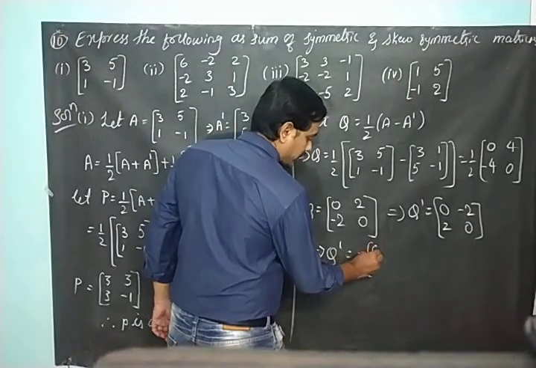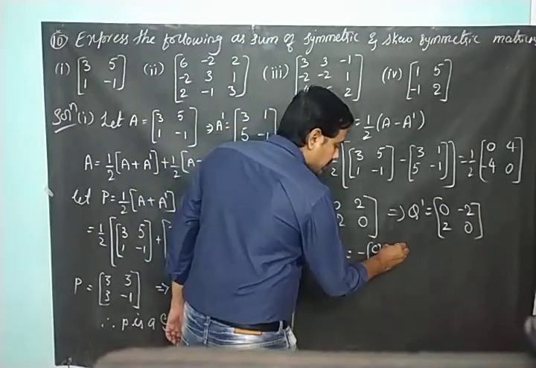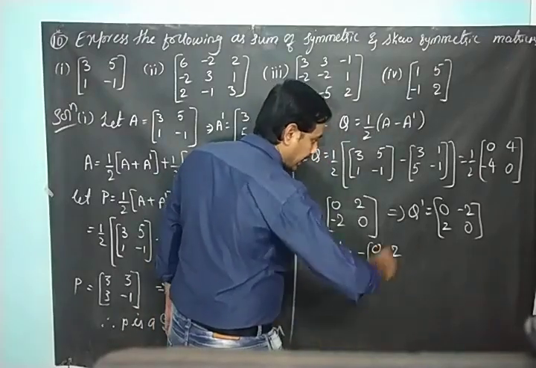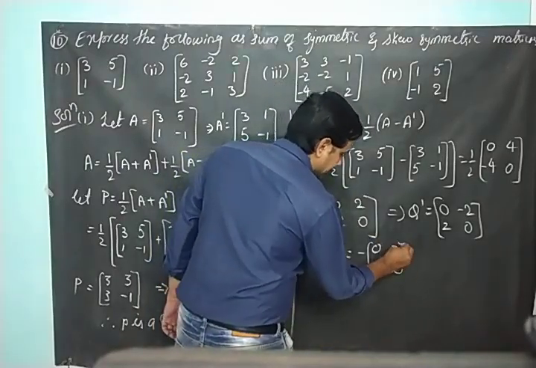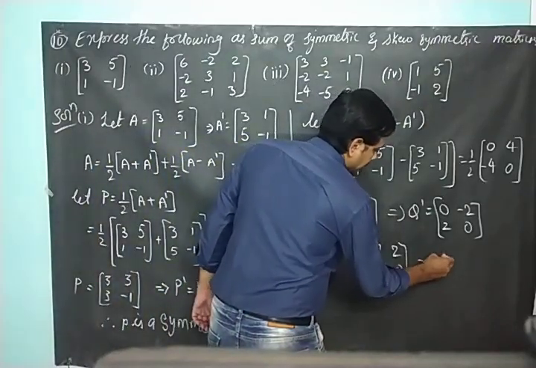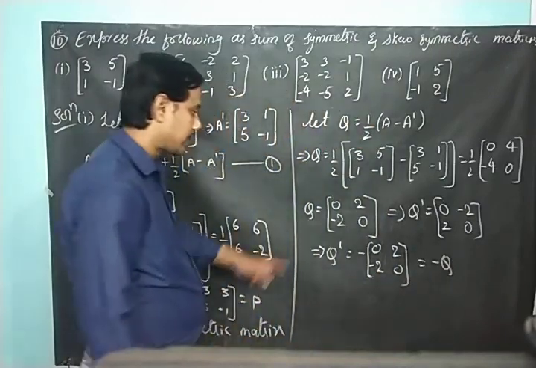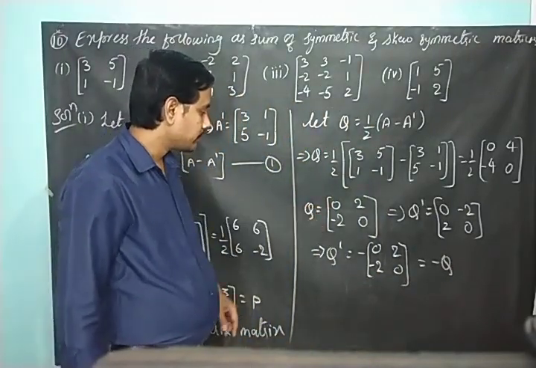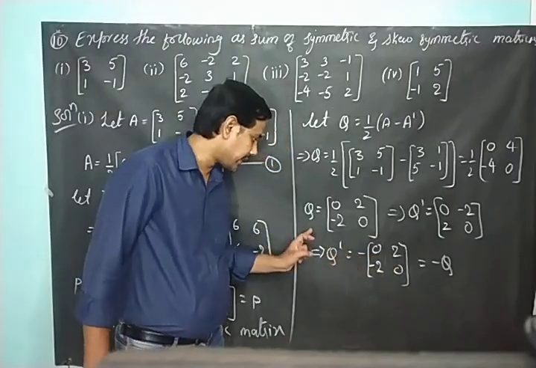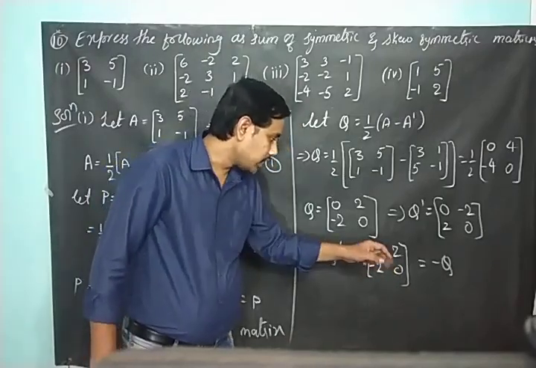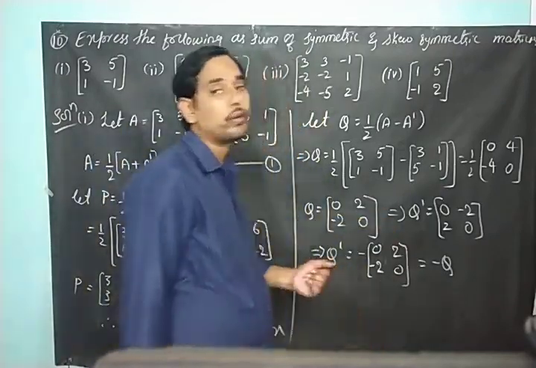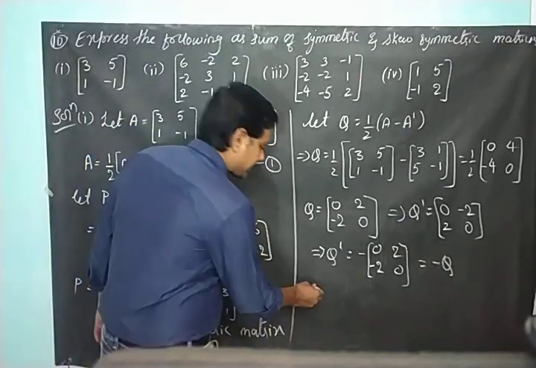Negative 0 or positive 0, it is 0 only. Minus 2 becomes plus 2, plus 2 becomes minus 2 and 0 as it is. So this is nothing but minus Q. You can see here, 0, 2, minus 2, 0, that's the same thing but with a minus sign. So I can write Q dash equal to minus Q. As Q dash is equal to minus Q, Q is a skew symmetric matrix.